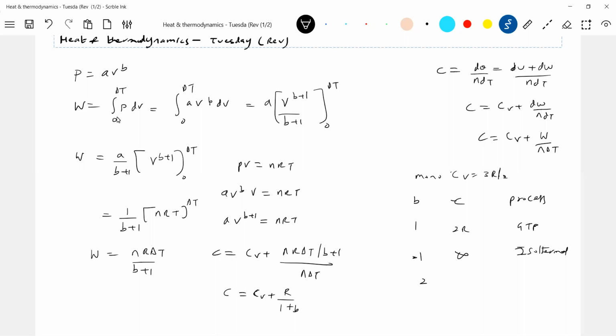Put B equal to 2. If B equal to 2, R by 3, plus 3R by 2. Anybody value?